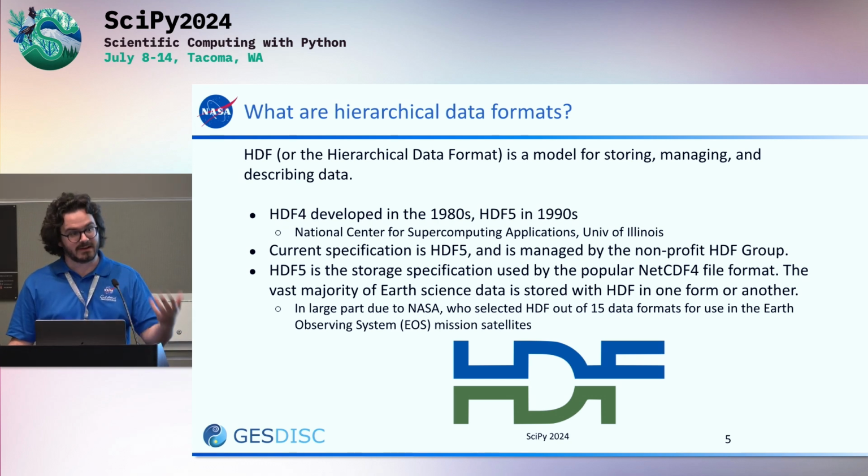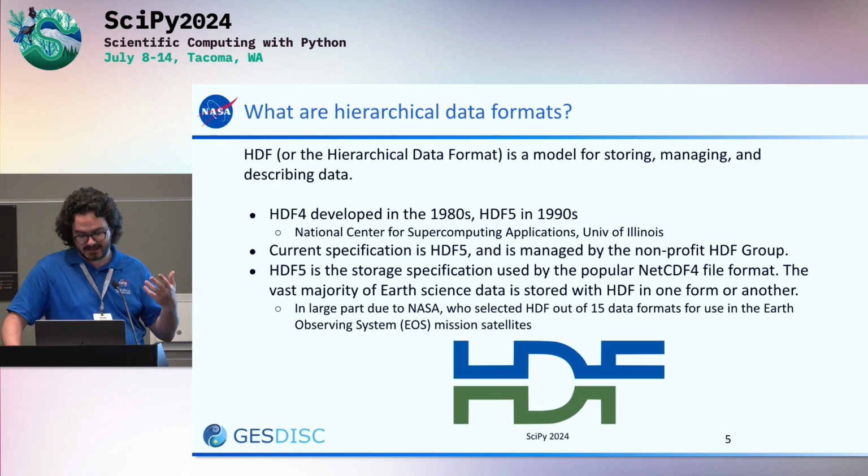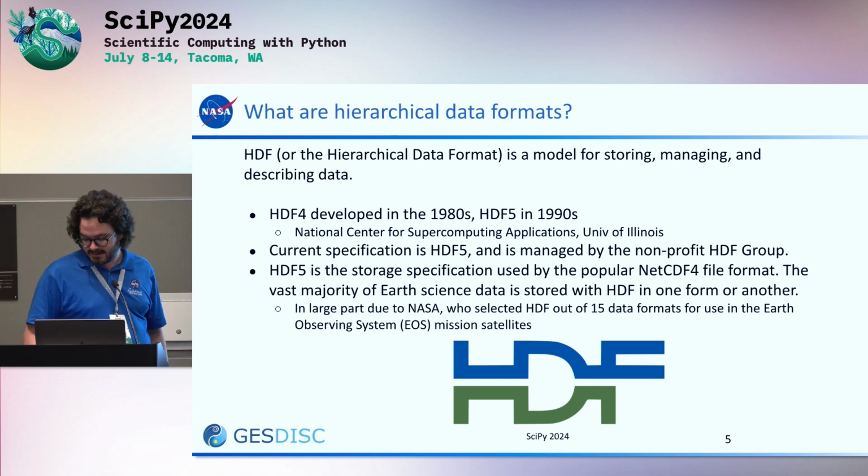It's also used internally by NetCDF4, which might be a bit more well-known in the climate space. That format uses HDF as a storage specification internally. This is in large part due to NASA, who back in the 1990s selected HDF out of a competition of a bunch of different data formats for use in some of the early Earth Observing System satellites.